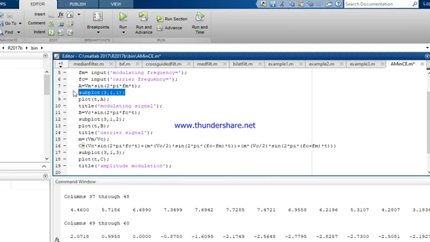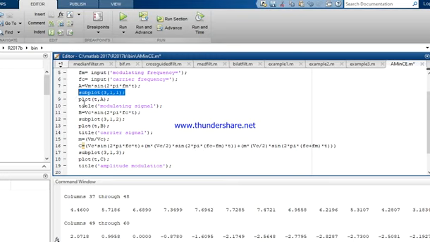That is subplot of 3, 1, 1 I mentioned here, that means subplot command of m, n, p, where m is the row, n is the column, and p is the position.